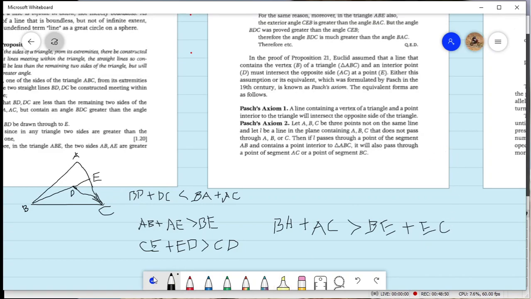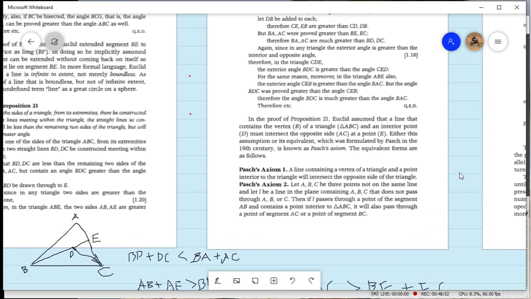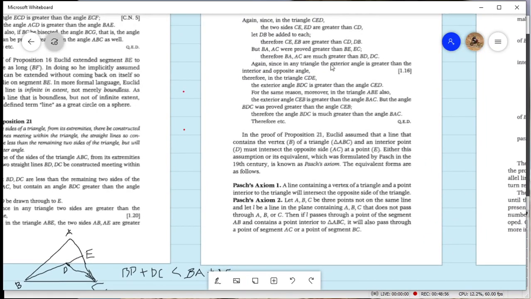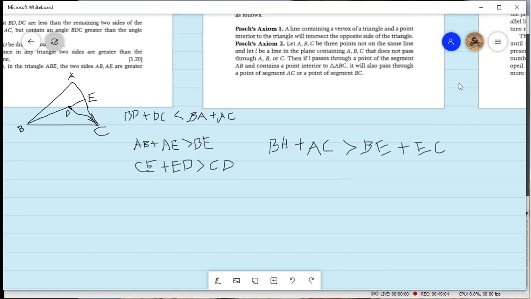Why is that? That can be shown by adding DB to each side of this inequality.